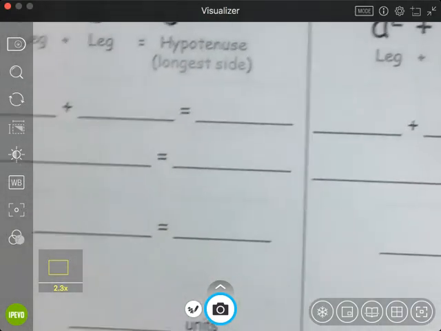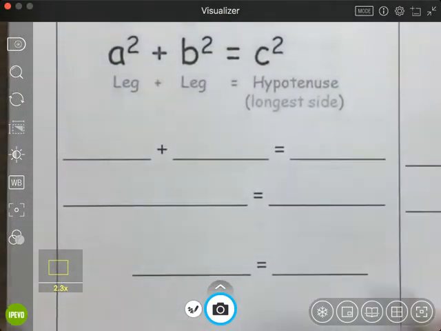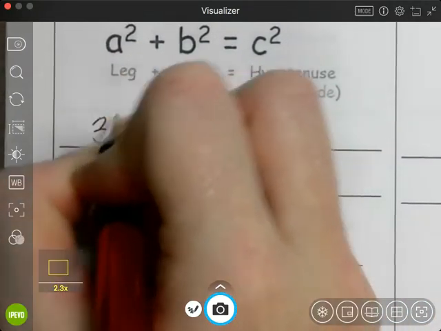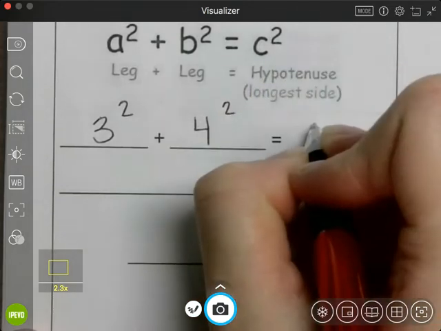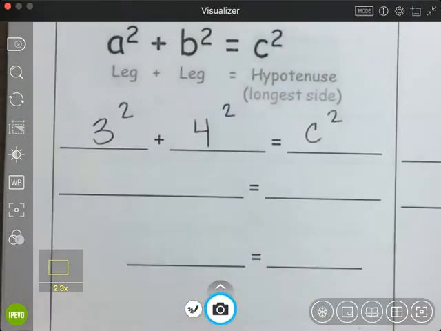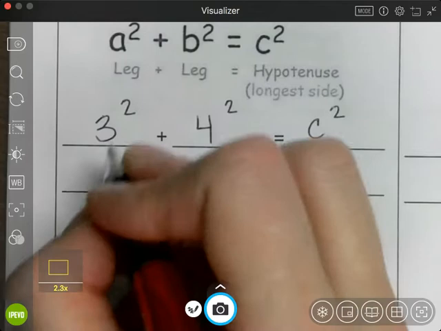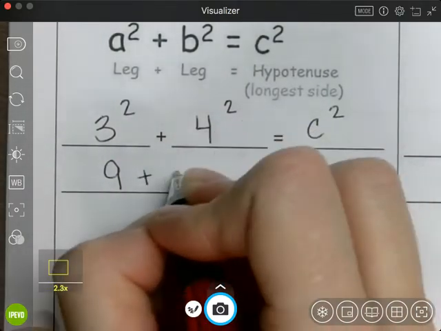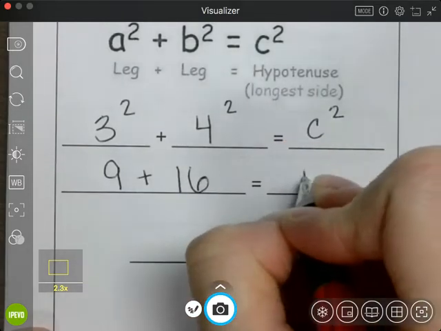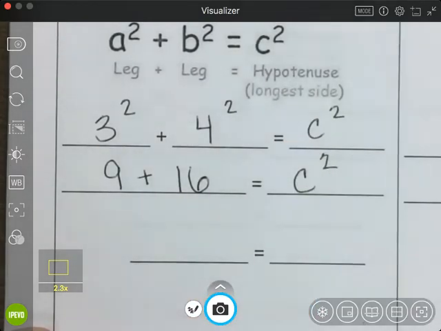So we have 2 legs. So we have 3 squared and 4 squared, and that's going to equal our hypotenuse squared. 3 squared is 9. 4 squared is 16, and that equals c squared.